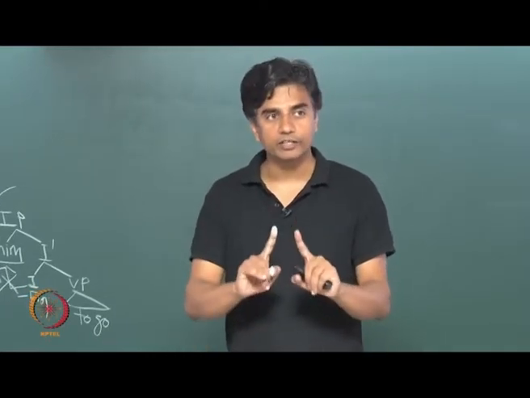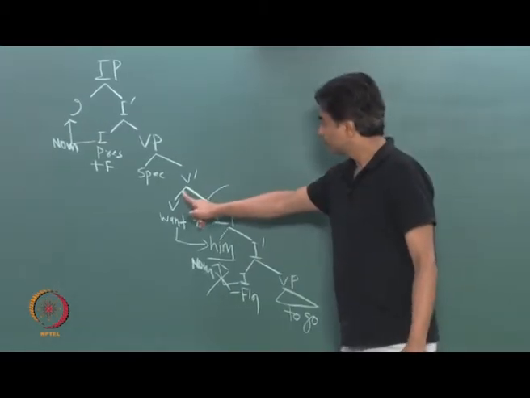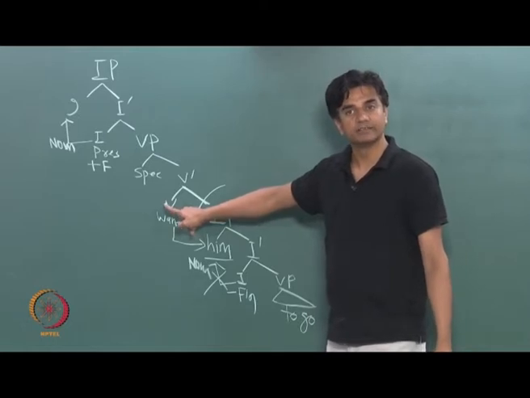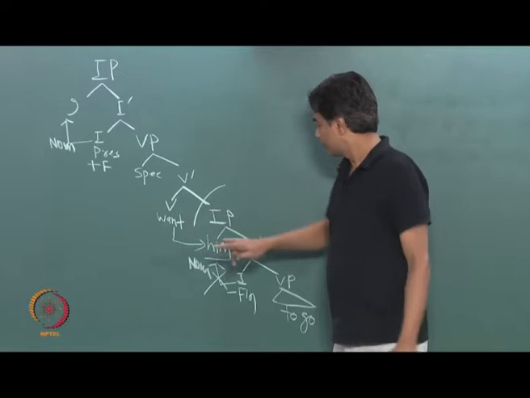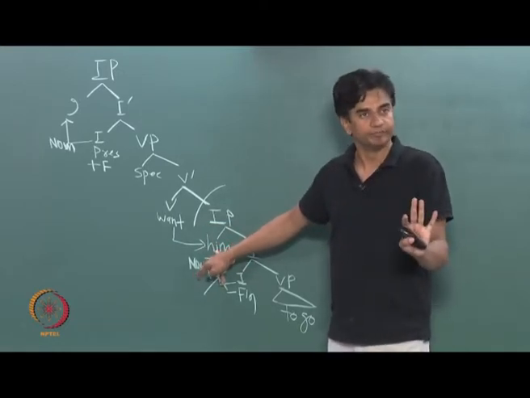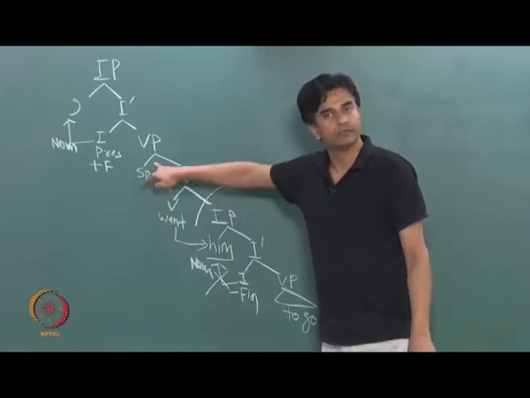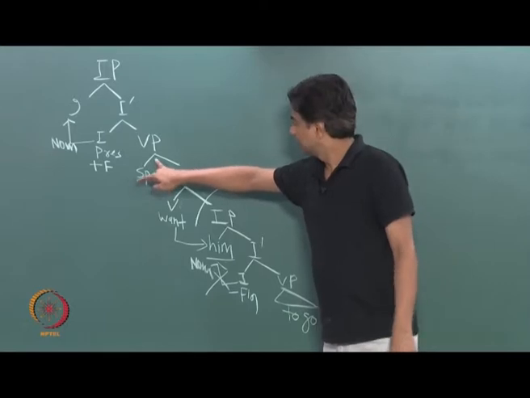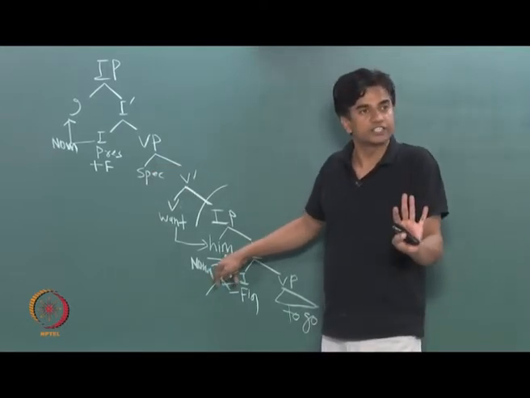It is M commanding to the extent that the first maximal projection dominating V also dominates this NP. To this extent it is okay. First maximal projection dominating V is VP, right? And VP also dominates this one. To this extent it is okay.